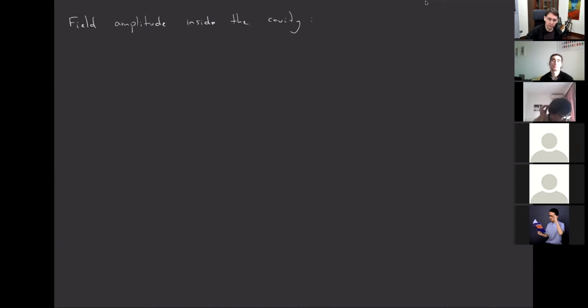And when I say the field amplitude, I mean essentially the full expression of the expectation value of A, which is proportional to the expectation value of the electric field inside the cavity.